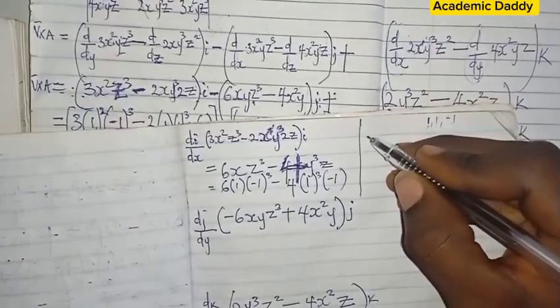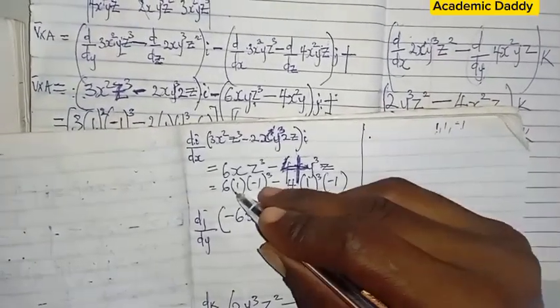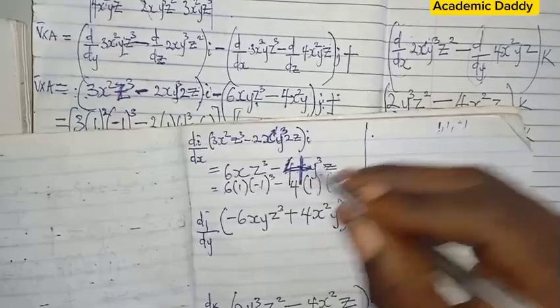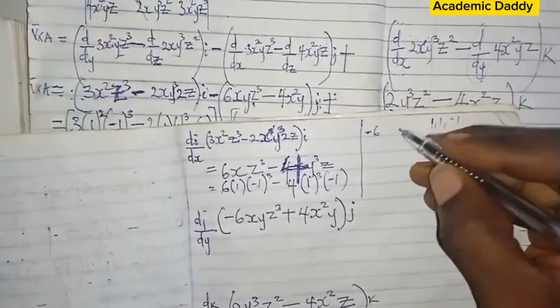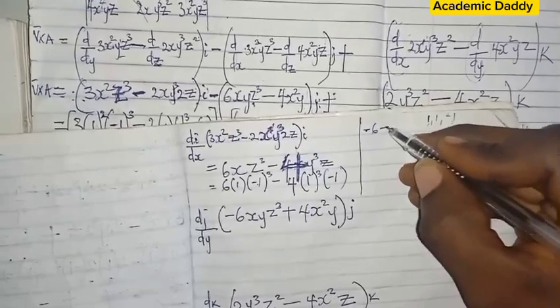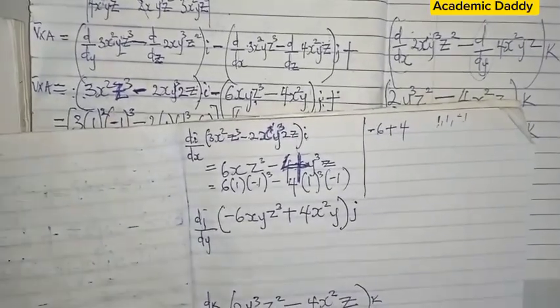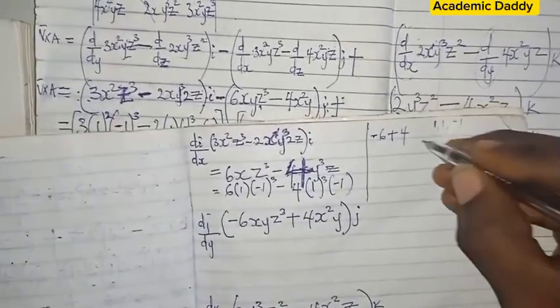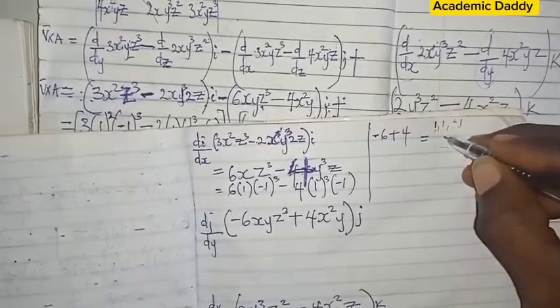So then you now have minus 6 plus 4, which is going to be equal to minus 2.